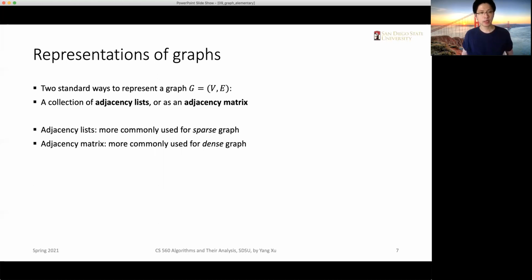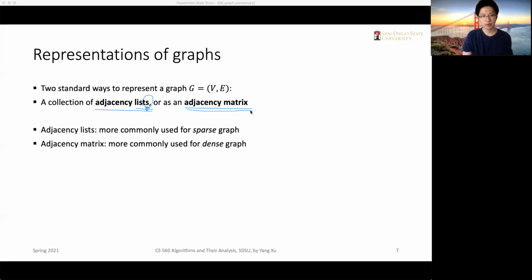So we basically have two common ways. The first one is called adjacency lists. Okay, so I hope you can realize it's a plural form. It's actually a bunch of lists. It's not just one list. Or we can use something called an adjacency matrix. Okay, so these are two different methods.